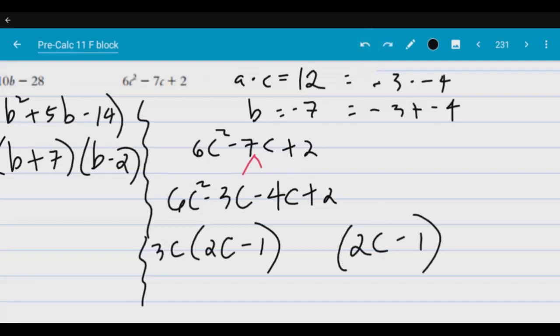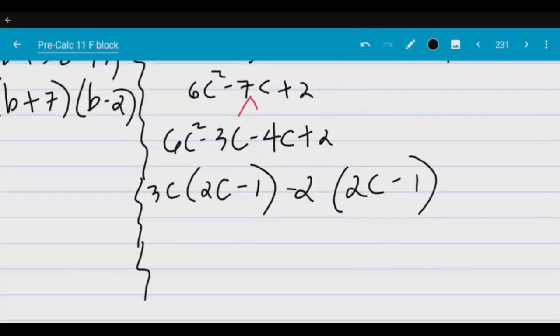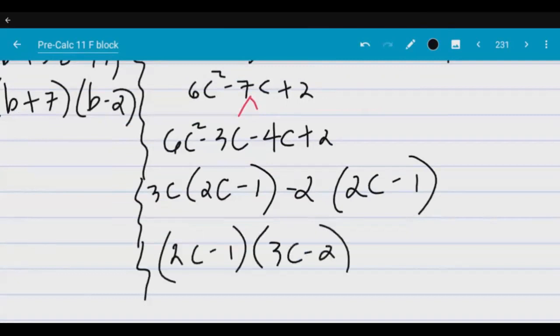And that would be a minus 2. And that should also work for the next one. Negative 2 times negative 1 will give you a positive 2, right? So we're good. So the common factor here is 2c minus 1 times 3c minus 2. And there is your get started. Let's go to construct your understanding.